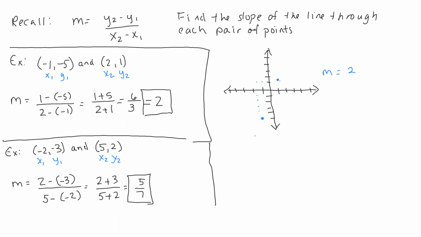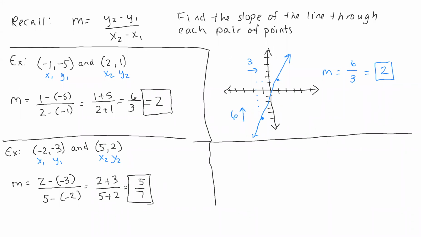I had one of my points kind of off. So basically what happened is I went up 6 and then I went to the right 3. So if I look at this a little closer, my slope could be looked at as the rise of 6, the run of 3, but at the end of the day, I still get plain old 2, and you can see that that line definitely goes uphill.